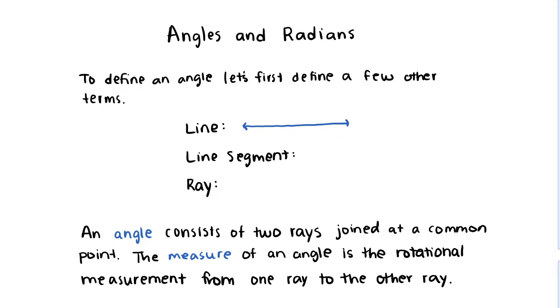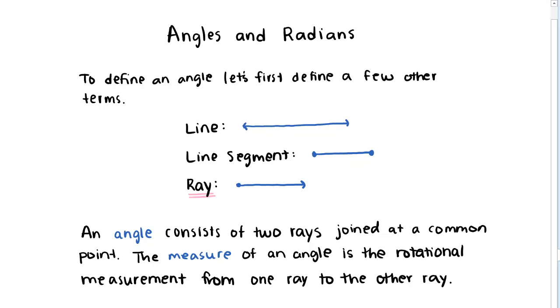Now, a line segment is kind of the opposite: it's the same thing, but instead of going off in both directions indefinitely, it has endpoints at both ends. And then a ray is the object in between. One side ends, whereas the other side goes off indefinitely.